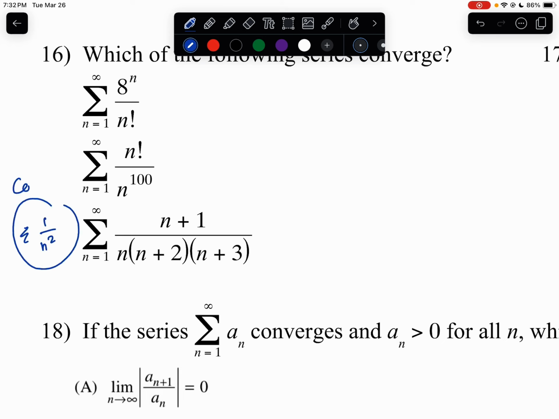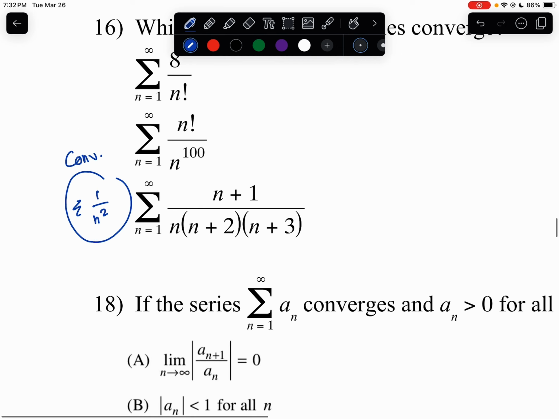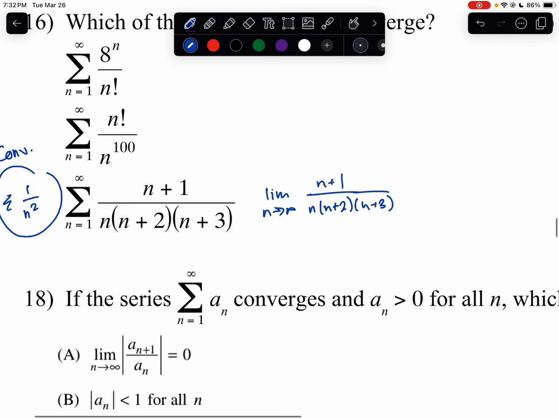This series converges, by the way. It is a p-series where p is greater than 1, so it converges. So then the limit comparison test: the limit as n approaches infinity of n plus 1 over, oh man, it's taking everything in my power to not simplify this too much, but to try and explain it. That times n squared over 1.